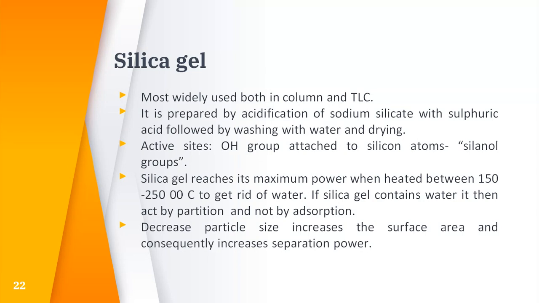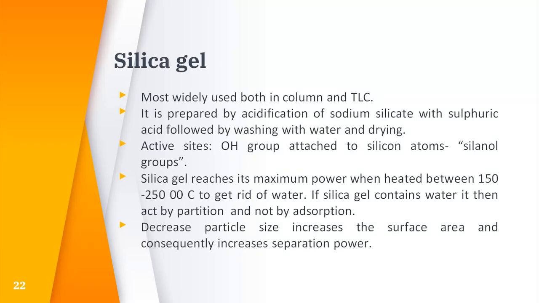Silica gel. Silica gel is the most widely used adsorbent both in column as well as TLC. It is prepared by acidification of sodium silicate with sulfuric acid, followed by washing with water and then drying.